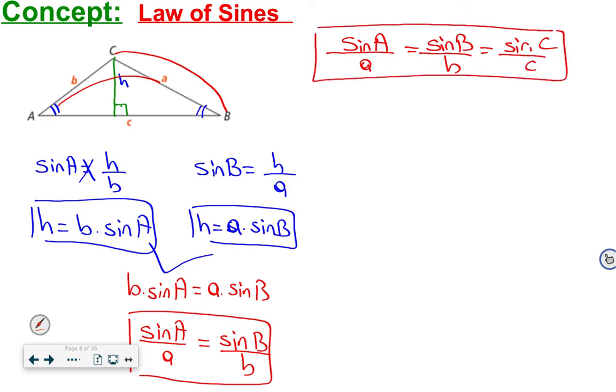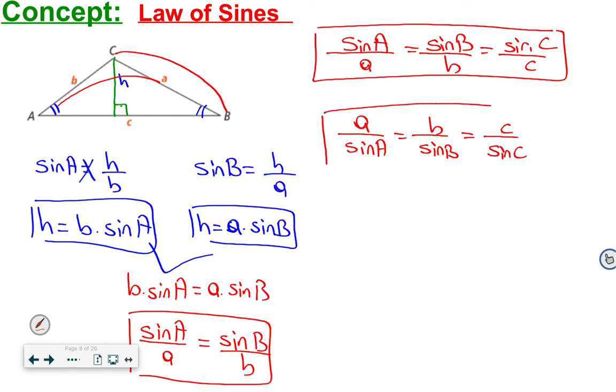You can also find the law of sines in this way as well: a over sine A is equal to b over sine B is equal to c over sine C. Each angle is proportional with its opposite side.